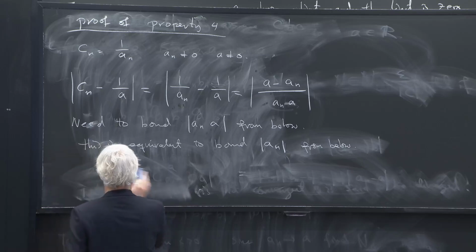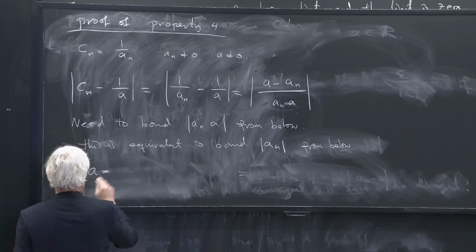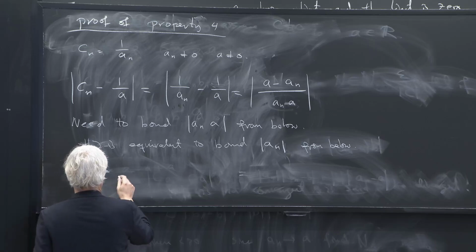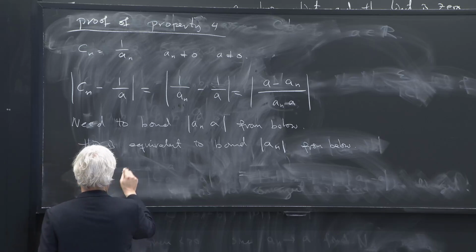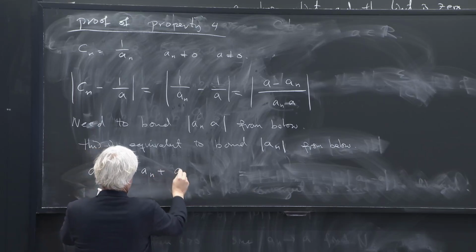I'm going to do the symmetric thing, writing A as A minus AN plus AN.